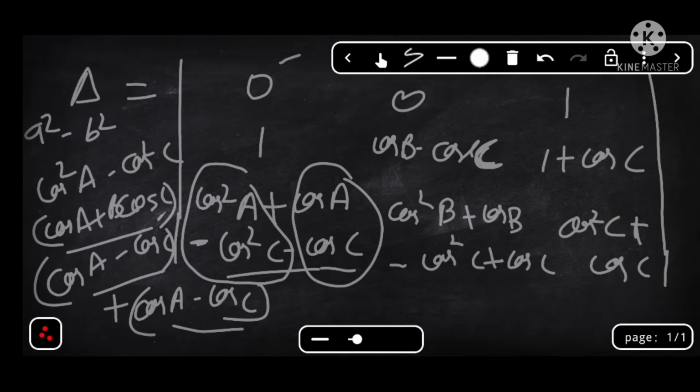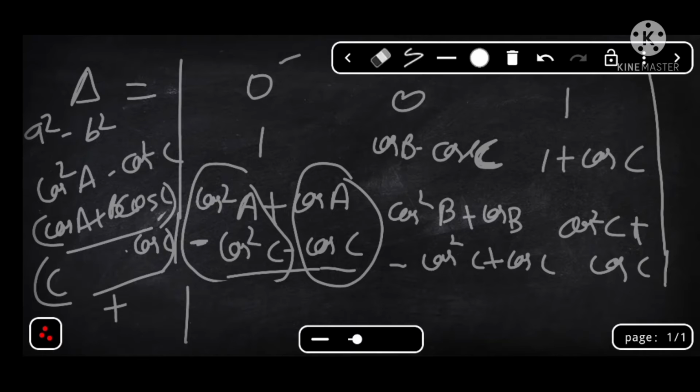If we take cos A minus cos C from here, then the remaining will be 1, right? And also from here we can take this cos A minus cos C. Fine, so the remaining will be this term. So we'll get it as cos A plus cos C plus 1.